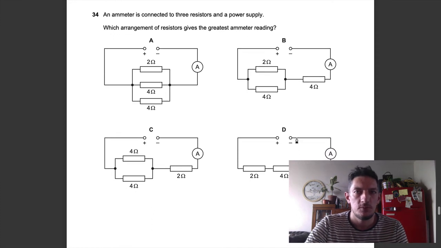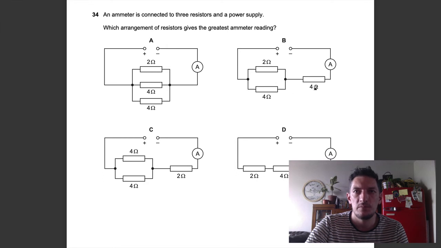Okay, here we come to a bit of an advanced question, looks like. Let's see here. Which one gives the greatest ammeter reading? So you'll have the greatest ammeter reading when you have the lowest resistance. Now, in fact, the more things you add in parallel, the lower the resistance gets. Here we've got 3 of them added in parallel.